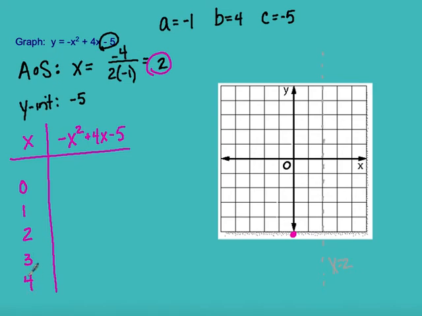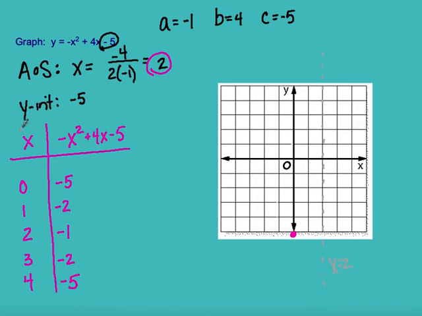I'm going to plug in those values. So if you need to pause the video and plug those in, go ahead and do so. So 0 gives me -5, 1 gives me -2, 2 gives me -1, 3, -2, and 4, -5.